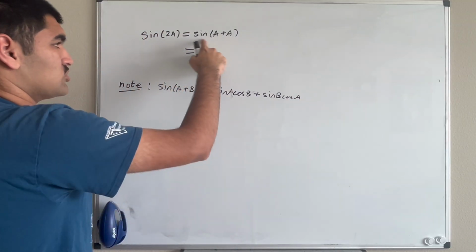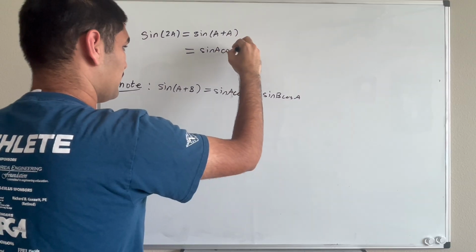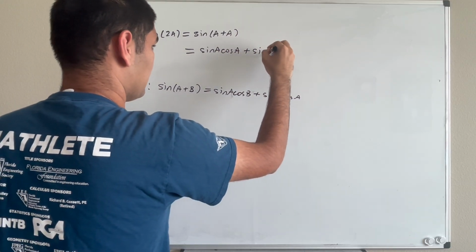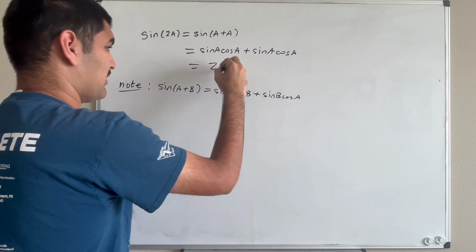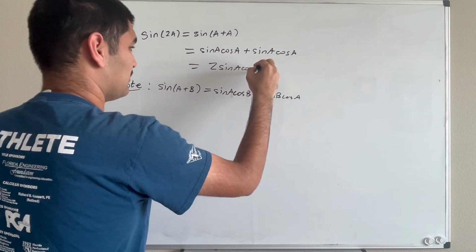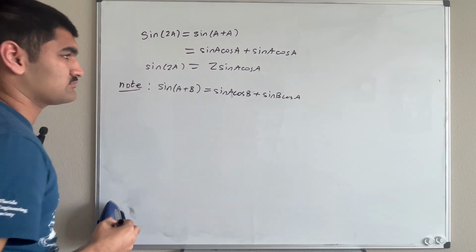So we can just apply this to sine of a plus a. So then you get sine a times cosine a plus sine a cosine a, right? But this is just equal to 2 sine a cosine a. So that's how you get the identity for sine of 2a.